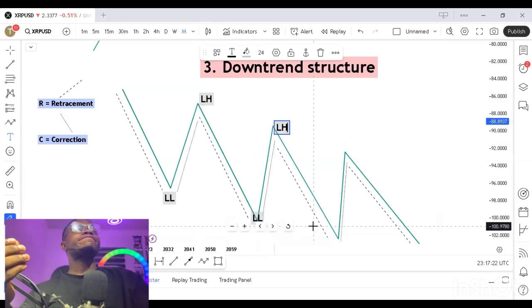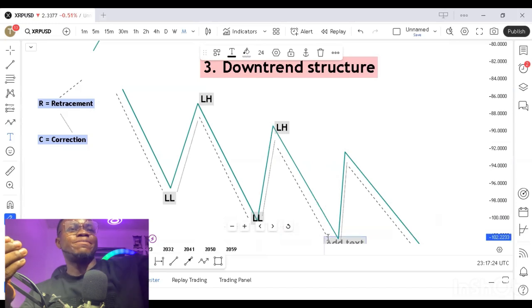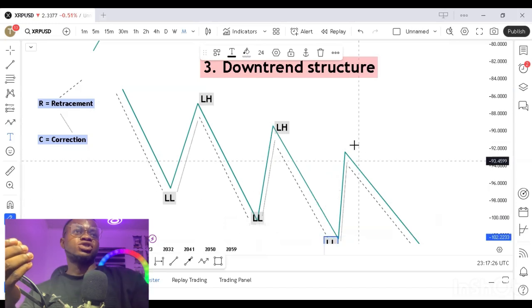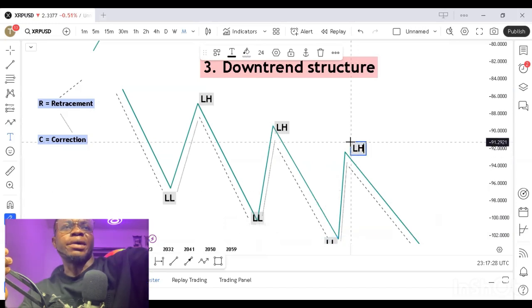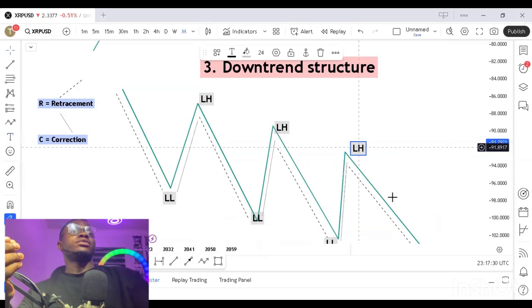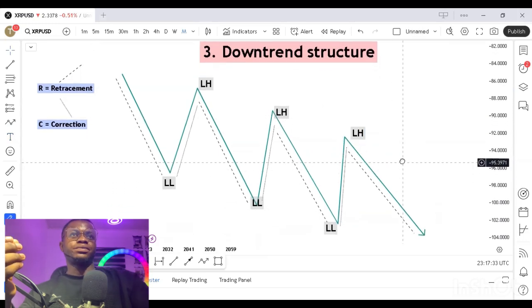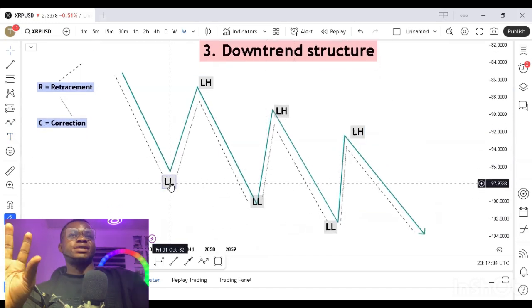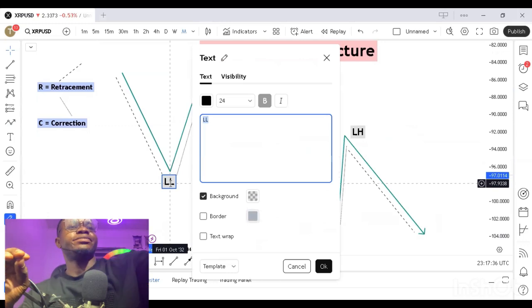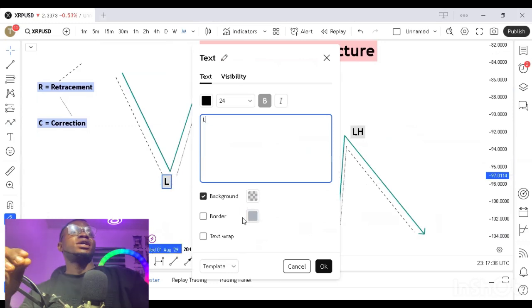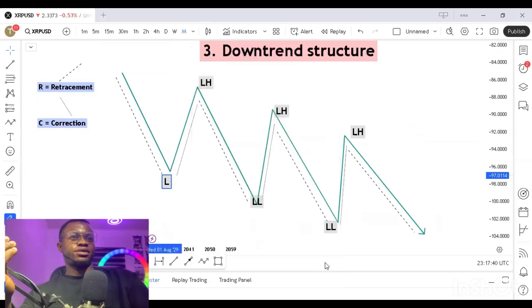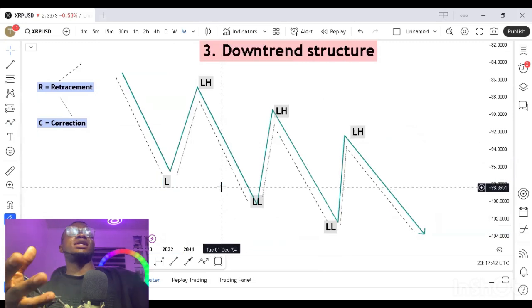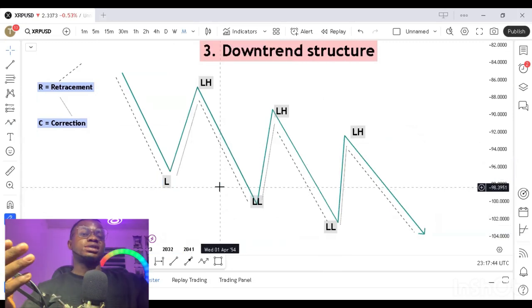Now, just like the way I explained the uptrend structure, I'll be taking out time to explain the downtrend structure as well. Now, follow. This is a low. And this low was created due to the seller stepping into the market to sell the market.